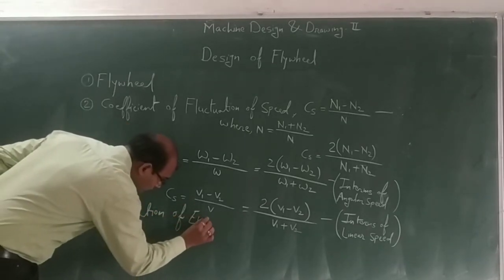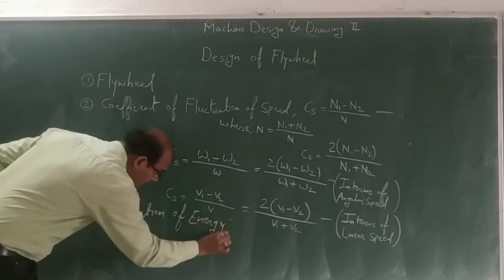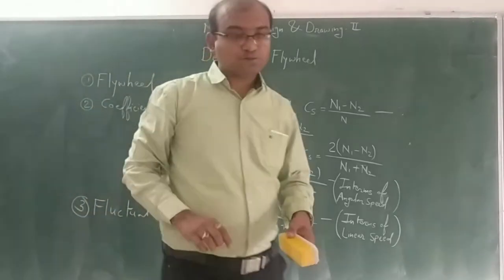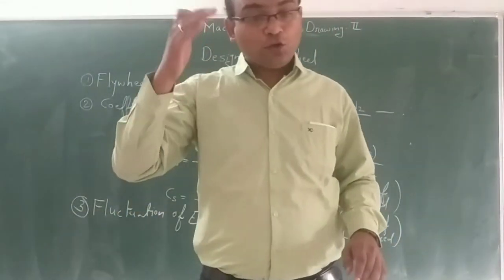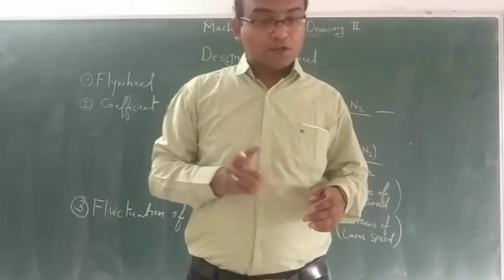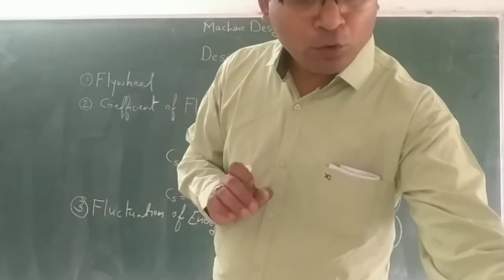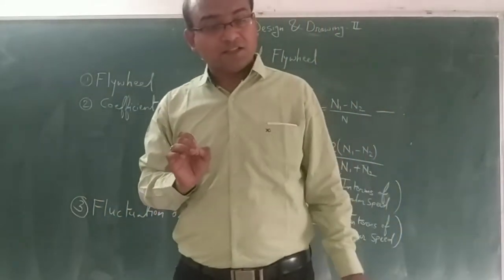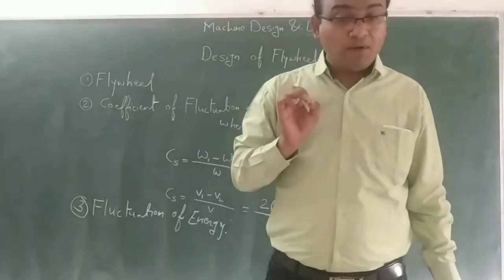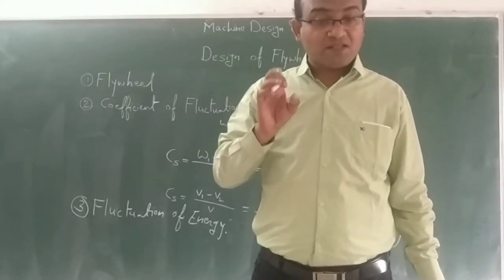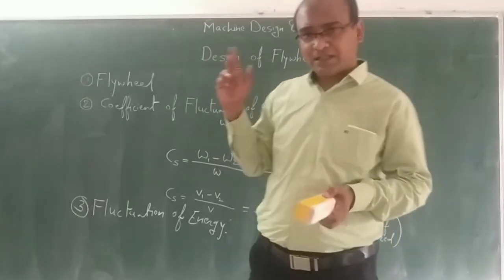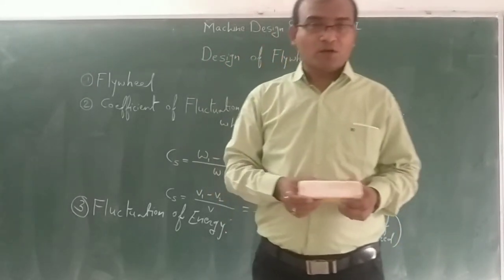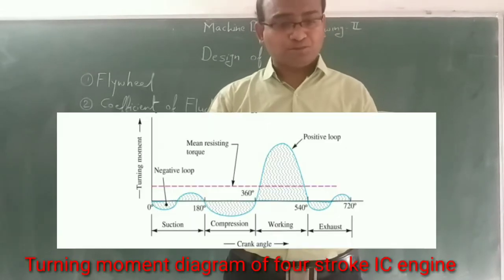In the fluctuation of energy, the variation of energy above and below the mean resisting torque line is called the maximum fluctuation of energy. Okay. You can see the figure on your screen also.